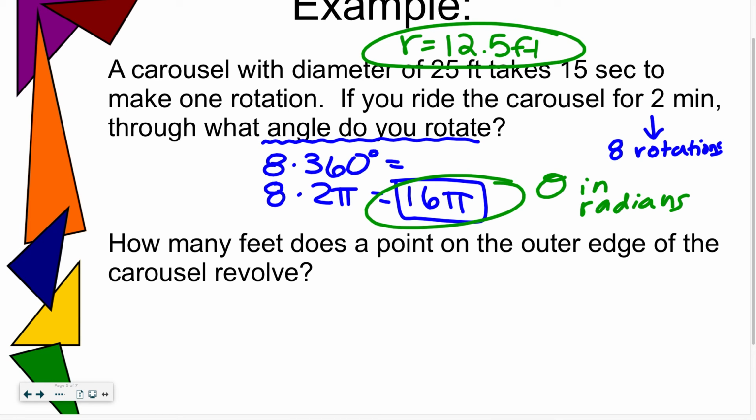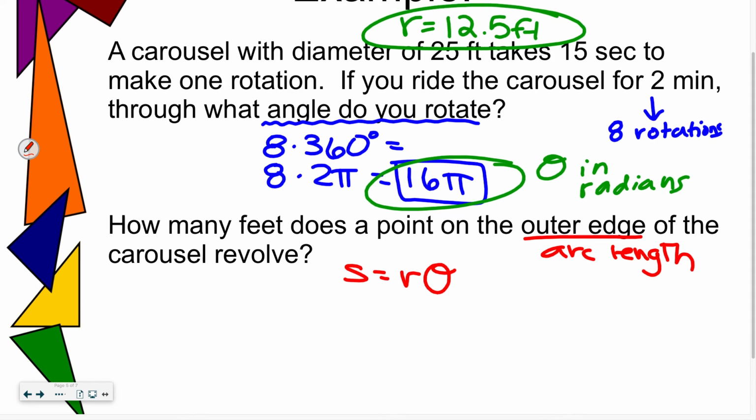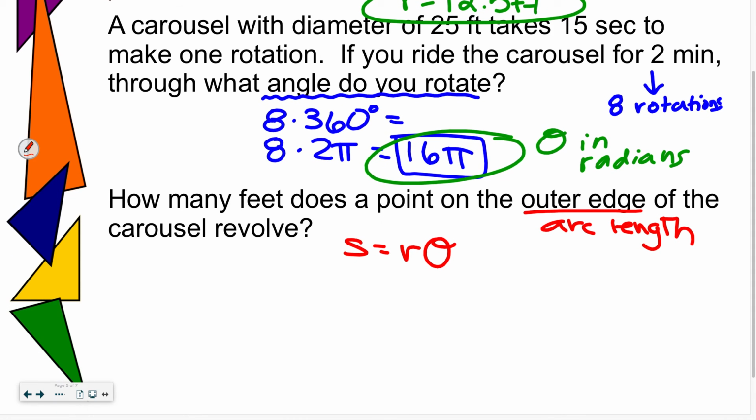I'm doing an arc length. So in a problem like that, you would have to choose what's the appropriate formula here. Do I want an arc length or an area of a sector? Well, I just have to do r times theta, and we said r was 12.5. Theta has to be in radians, so I would want to use that 16 pi.